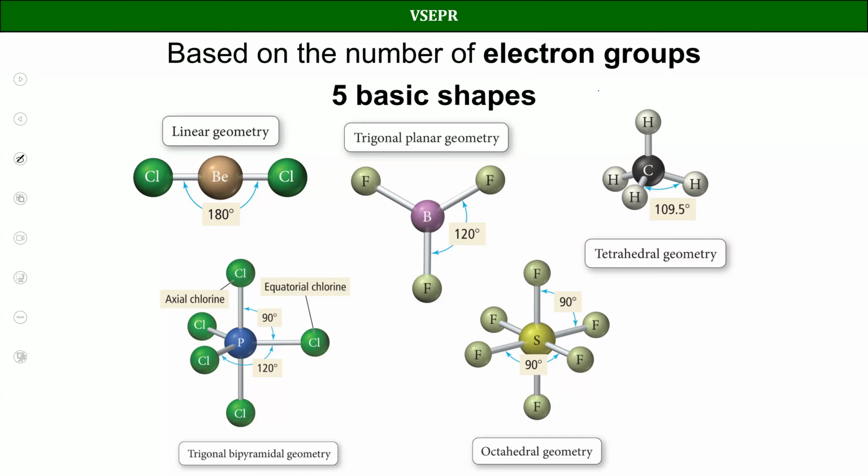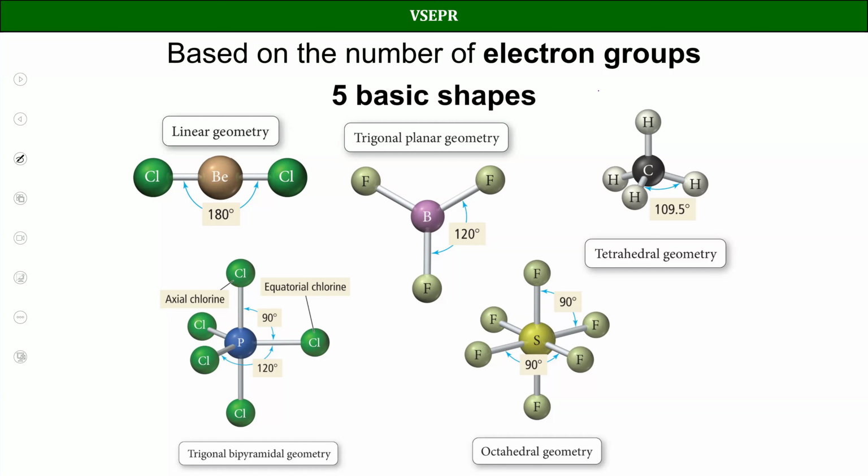But basically, the simplest ones you can think about in 2 dimensions, or even in 1 dimension in the case of linear. If you have 2 electron domains, we're gonna use the term electron domains rather than electron pairs, because an electron domain can be more than just 1 pair of electrons. It just means that there's one sort of area where you're finding these electrons. So if you have 2 electron domains, they're naturally going to arrange themselves so that they're 180 degrees apart.